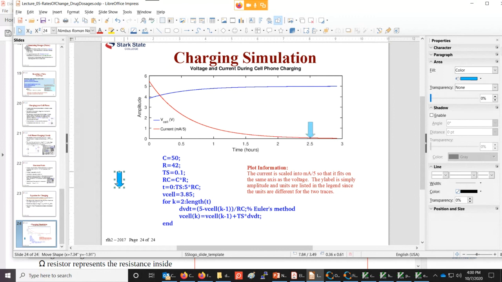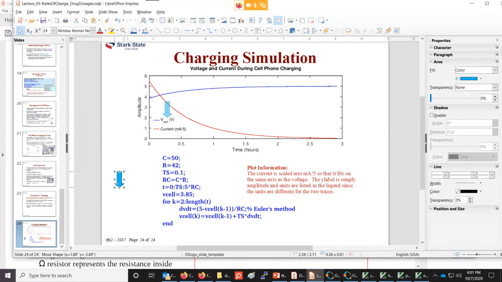Now, a lot of times you don't want to do that, but every once in a while you want to show two different values on the same graph that don't have the same sort of scaling. And so you kind of have to scale the plot so that they're both easily readable, so you can see what's happening on both of them.